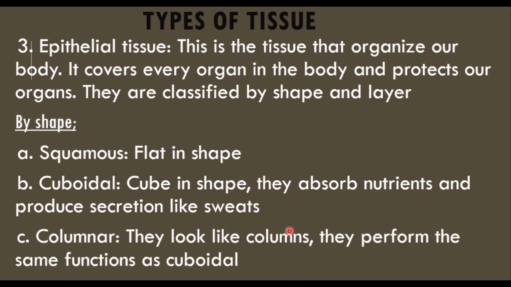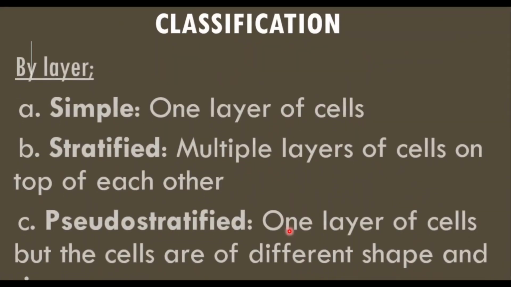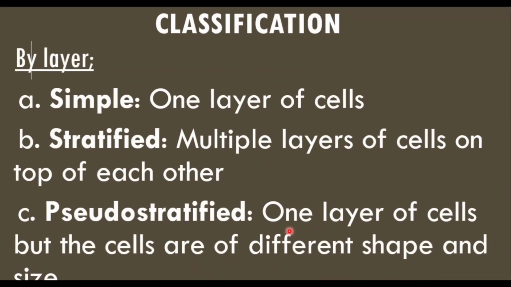Keep that in mind. So by shape, we have three, and by layer we have simple, stratified, and pseudo-stratified. Simple is one layer of cells, stratified is multiple layers of cells, and pseudo-stratified is one layer of cells, but the cells can be of different shape and size. So the way we name epithelial tissue, we start with the layer, then we go to the shape.